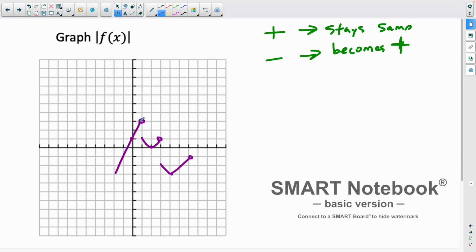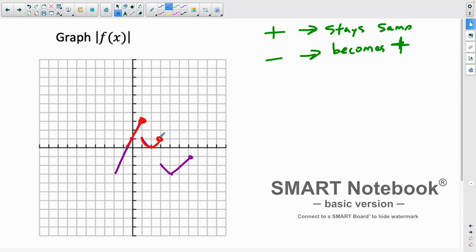All right? And so if I have this right here, I am now going to draw the absolute value of f of x. And so we said this. The positives stay positive. Positives stay the same. So if I were to do that, this one is positive. This part is positive. Those two pieces right there, they don't move.